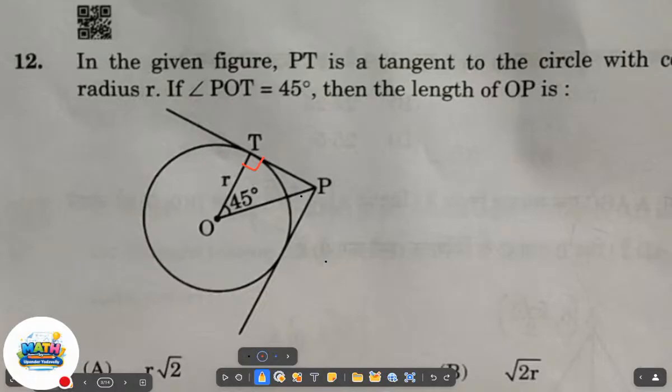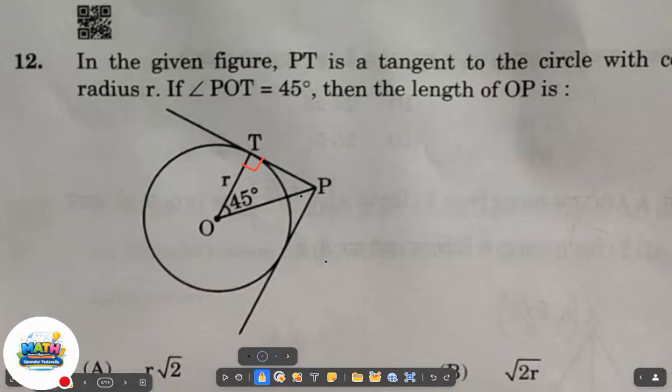Right. So we have to find OP, right? So what do we have to take? With respect to 45, this OP is the hypotenuse and OT is the adjacent side.